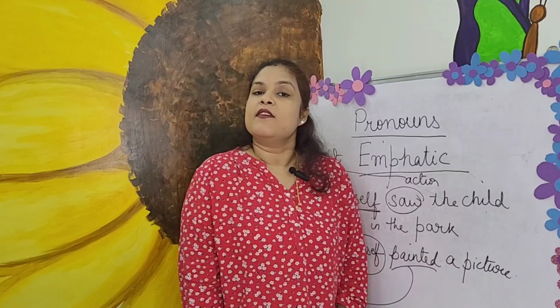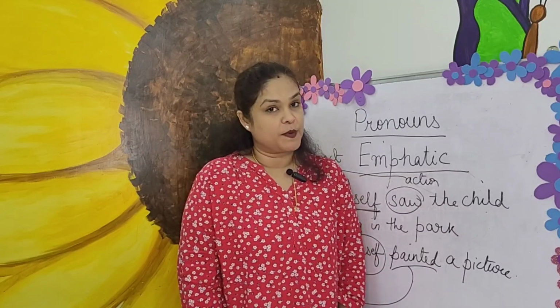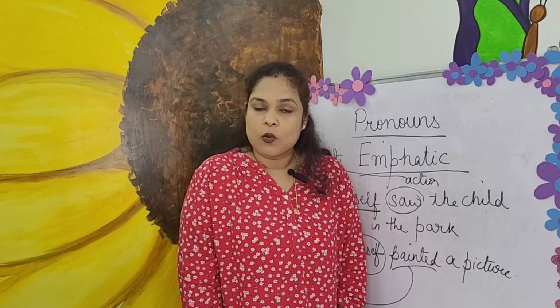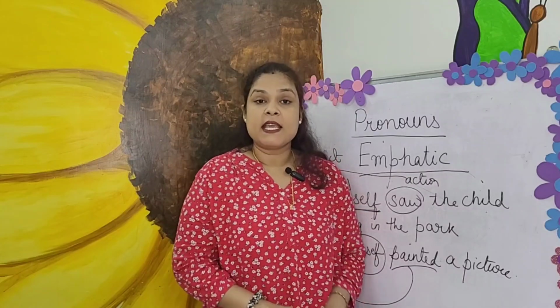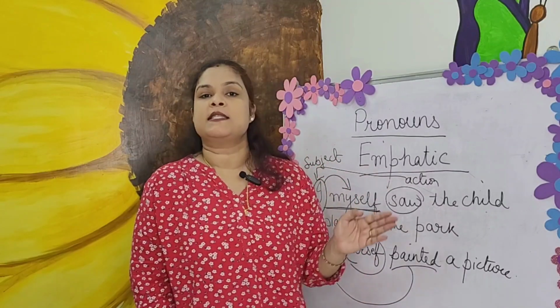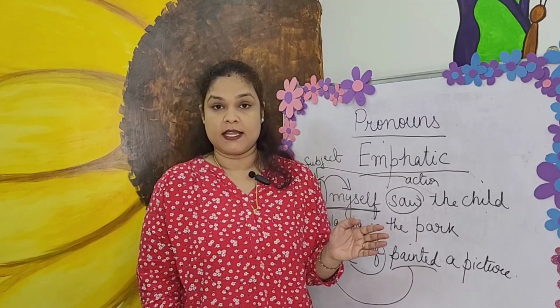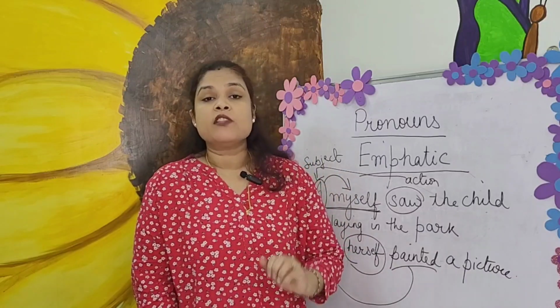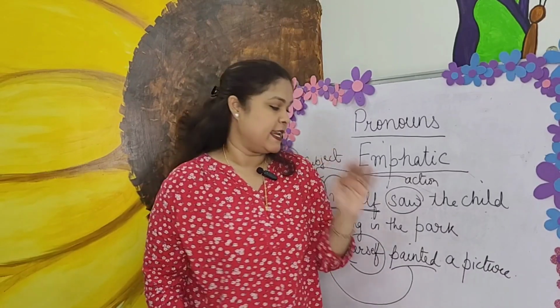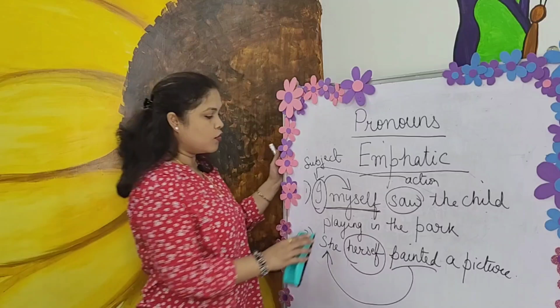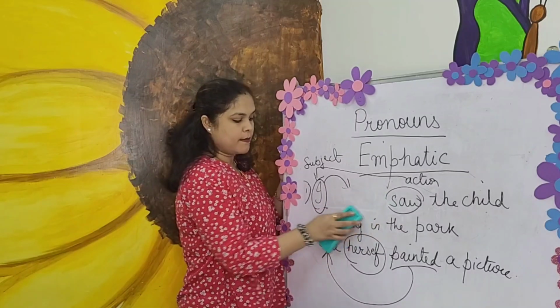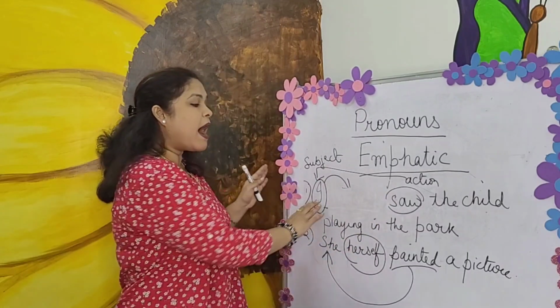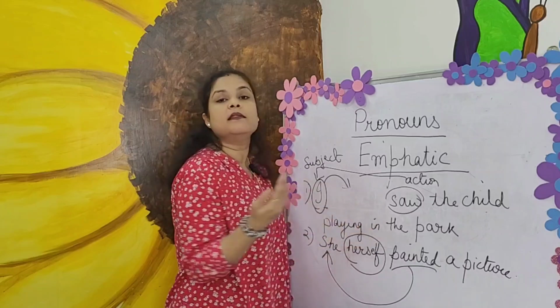Number two, they emphasize the action which is performed by the subject. Okay. And number three, see, even if you remove this emphatic pronoun from a sentence, it will not change the meaning of the sentence. Let's see, if I remove myself. I saw the child playing in the park.